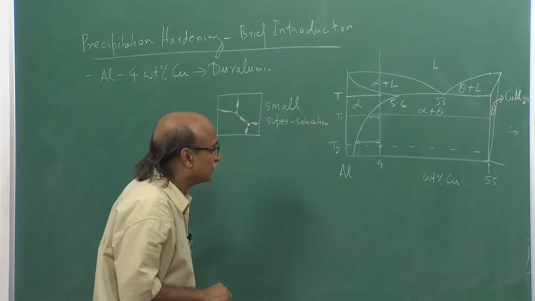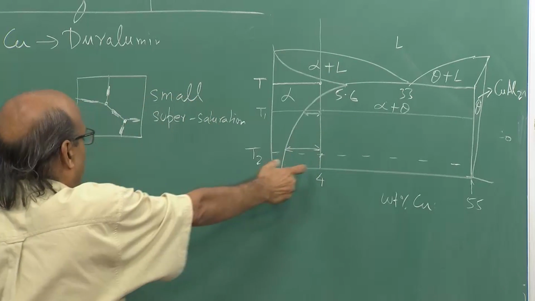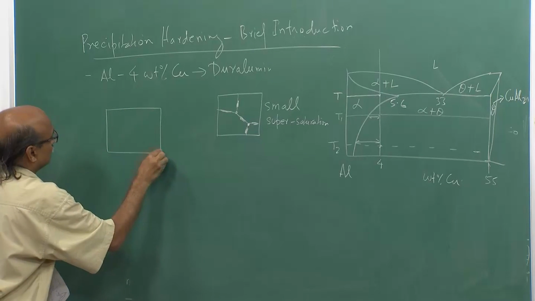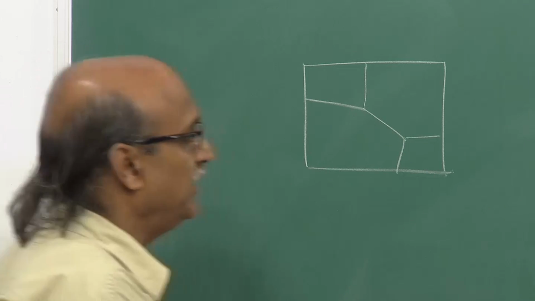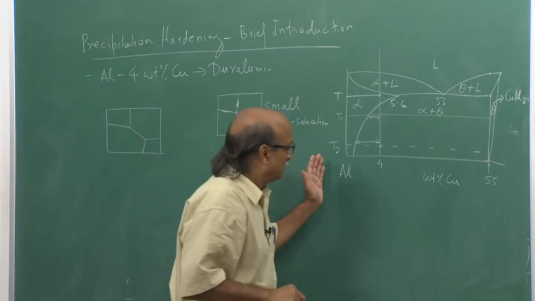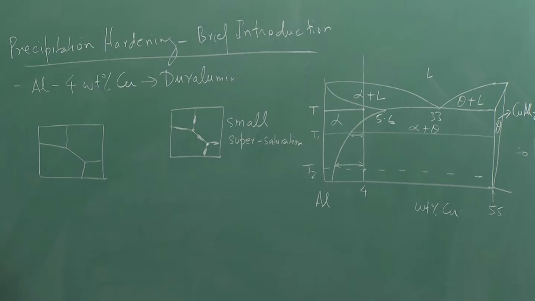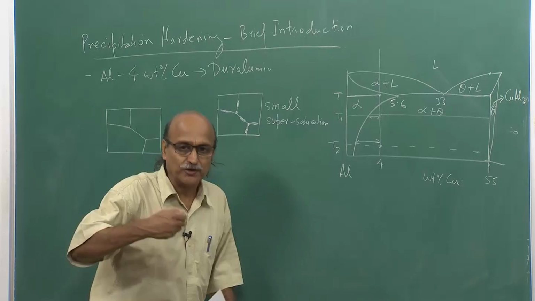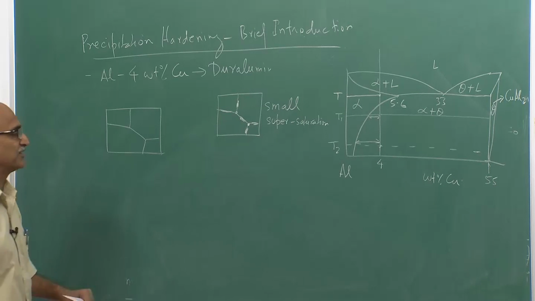As a result, I now have a much larger supersaturation, but the theta phase cannot directly precipitate, because the energy hill for nucleation of theta is very large, or delta G star is very large.